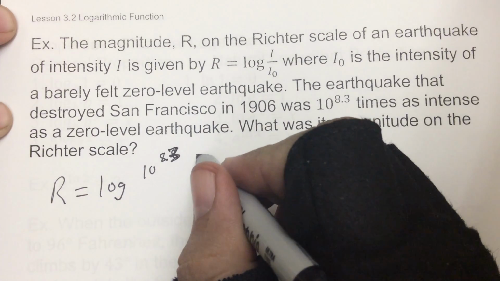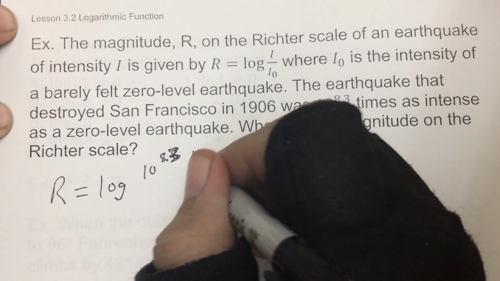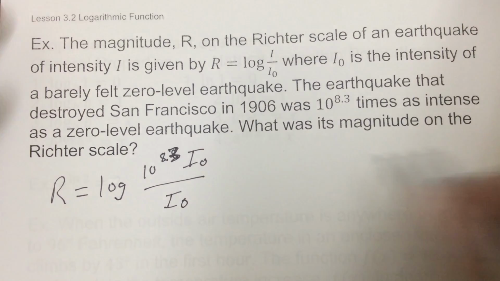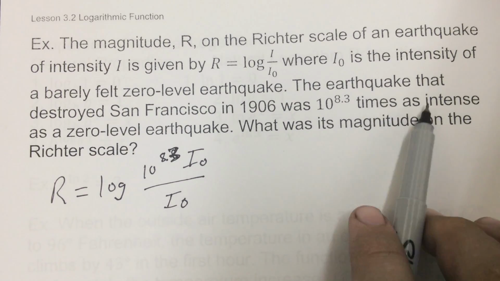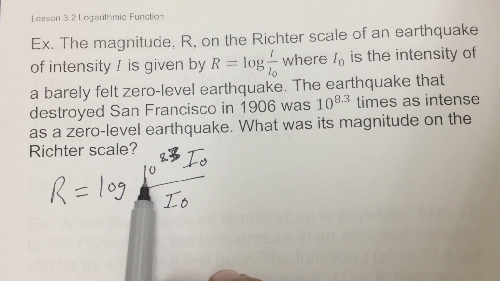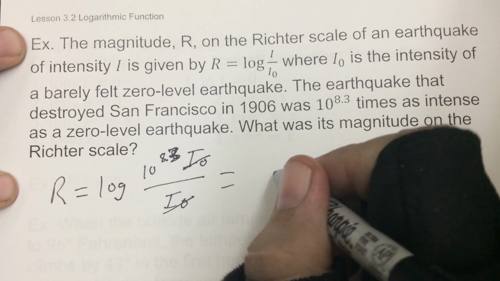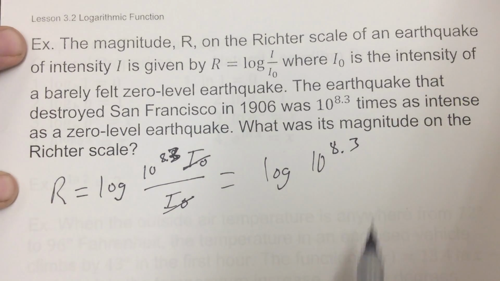The zero level earthquake was I naught, so it'd be 10 to the 8.3 times I naught, and it's over our I naught, our original intensity, which is a zero level earthquake. Now, nice thing about that, the I naughts cancel, so we no longer have to worry about it. All we have is just log of 10 to the 8.3.